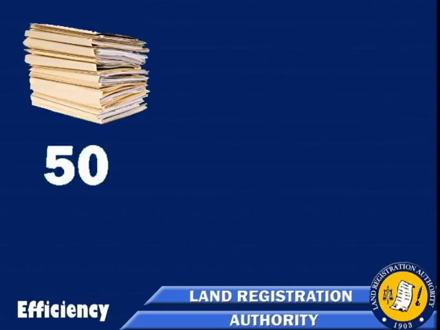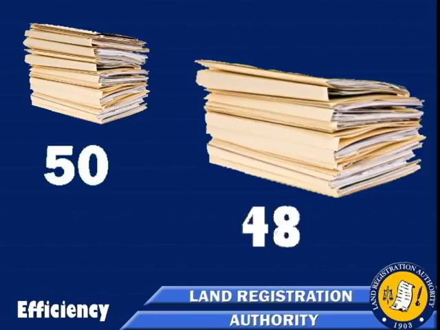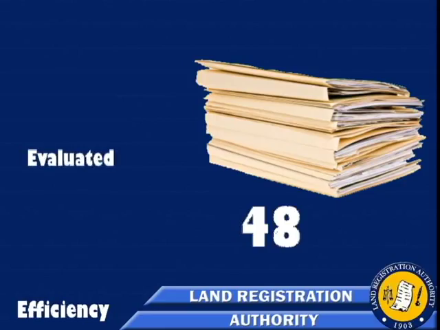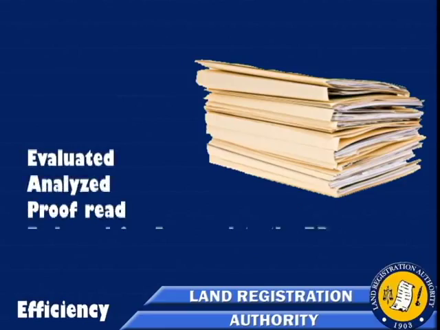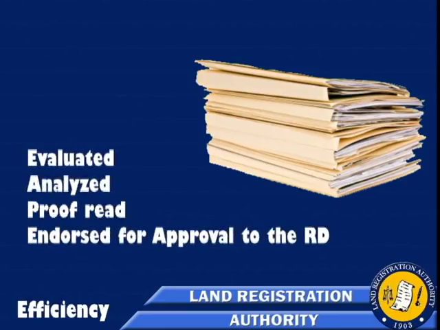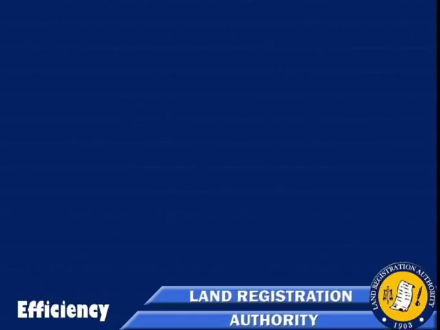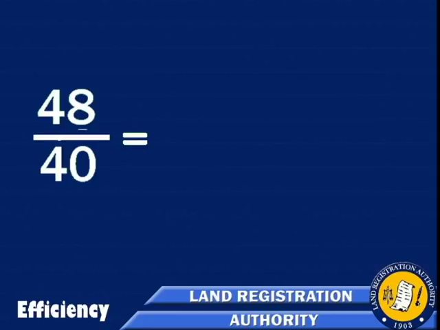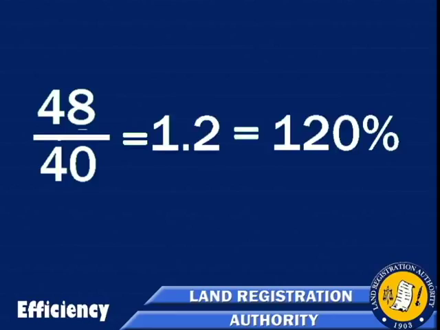Out of the 50 documents, only 48 documents were actually evaluated, analyzed, proofread, and endorsed for approval to the RD within the prescribed period of 1 day. We will then compute 48 over 40, and that's equivalent to 1.2 or 120%.